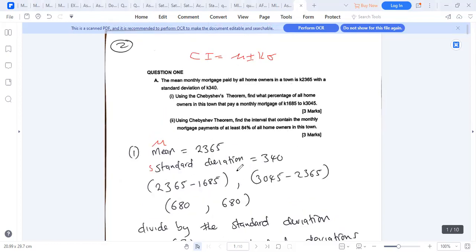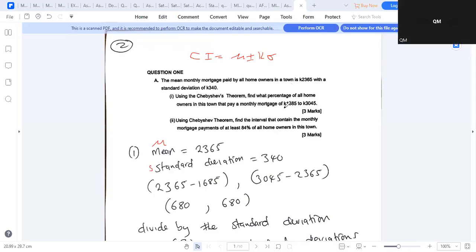Now, without being told, we must understand that the confidence interval has both the lower bound and the upper bound. We've been given part 1 of the question to say, find the percentage that will lie between 1685 to 3045.